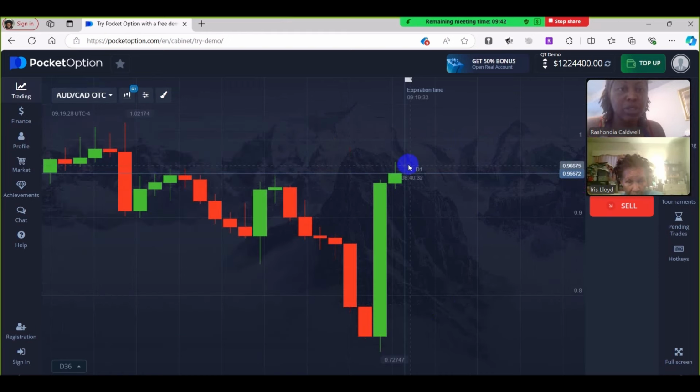Okay, let's say you want to do this one. It's a green candle. So you find your current candle, you look to the left. What candle is it touching right now? You can't see my finger, but that one. Those two, the red one and the green one.